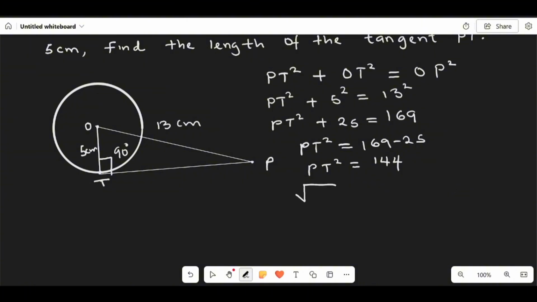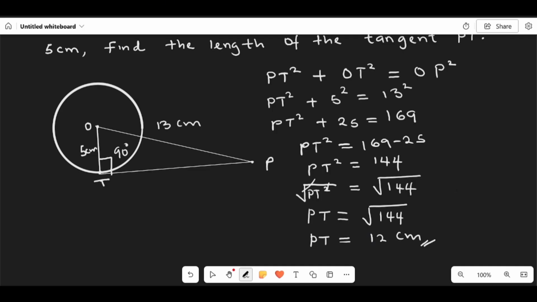Square root of PT squared equals square root of 144. This one we cancel this one. PT equals square root of 144, and the square root of 144 is 12. So PT equals 12 centimeters. That is the length of our PT.